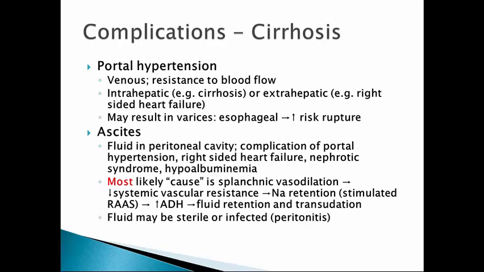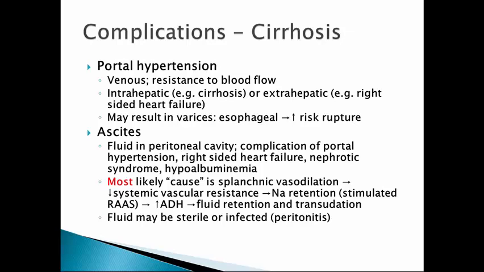The most likely cause, for lack of a better phrase, of this ascites is splanchnic vasodilation. Now remember, when we use the word splanchnic, these are the visceral organs in the abdominal cavity. So for the blood supply to all of these organs in the abdominal cavity, you've got this dilation going on.